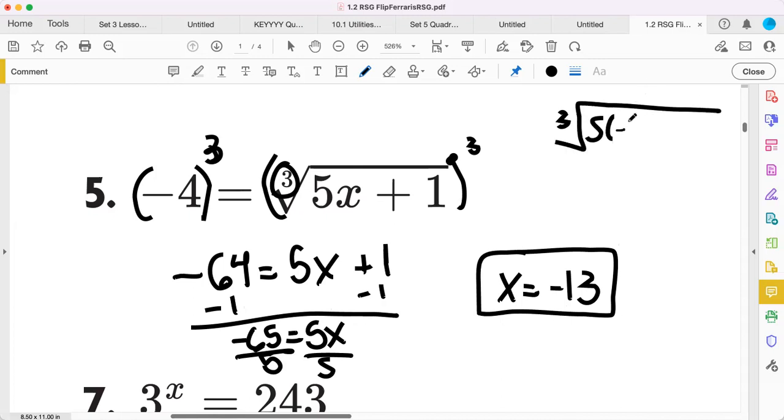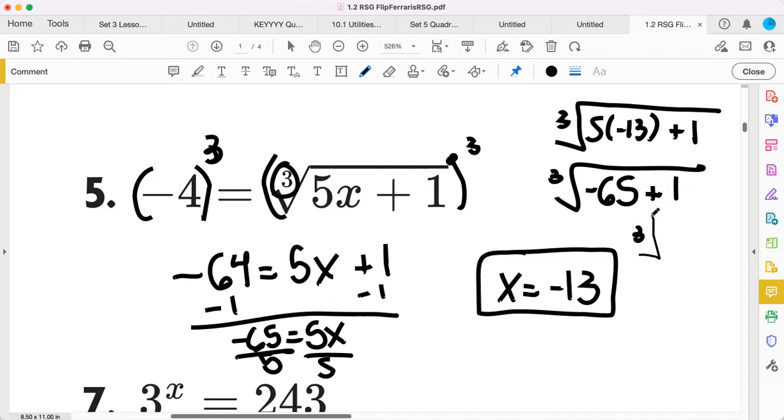And we'll even test run it here if you're so inclined. If we have the cubic root of 5 times -13, that's going to be -65. And if you add on 1, you're pretty much being asked what times itself 3 times gets you -64. And that's definitely going to be 4, -4 in particular. So we're good here.